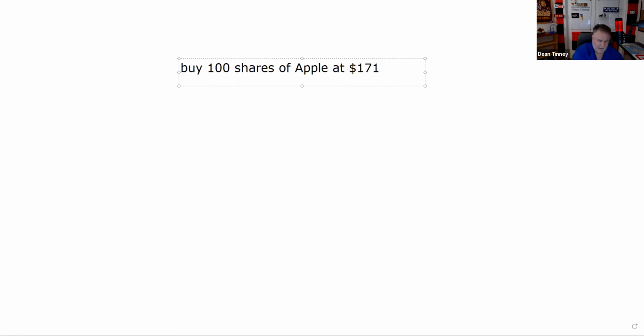Exactly. The other players we have coming to the options market are people who already have a stock position. They can be long the stock or they can be short the stock. Those are the only two positions you can have. So on the test, if I say the customer buys 100 shares of Apple at 171, you say, this is a stock position.